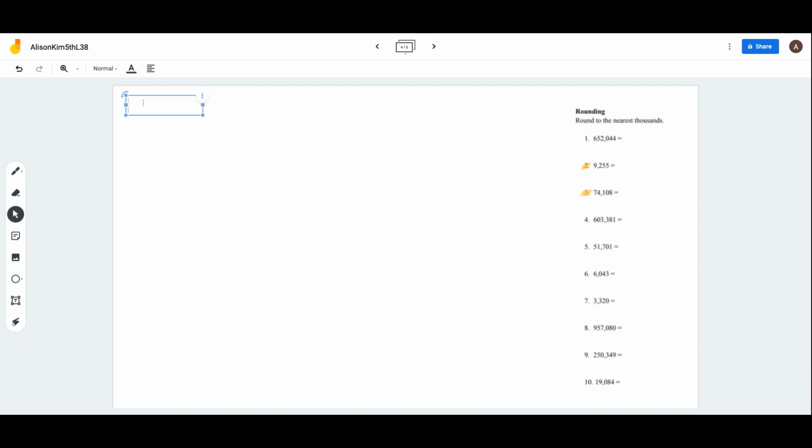Once again, the rounding rule is that if it's greater than or equal to 5, you round up. If it's less than 5, you round down, which is the same thing as just leaving it.